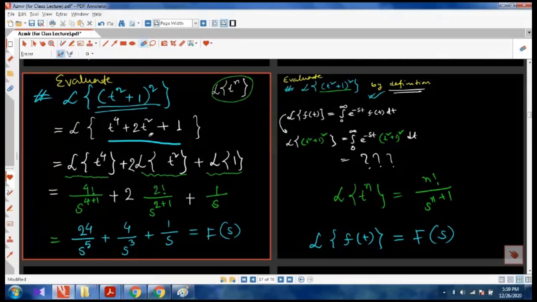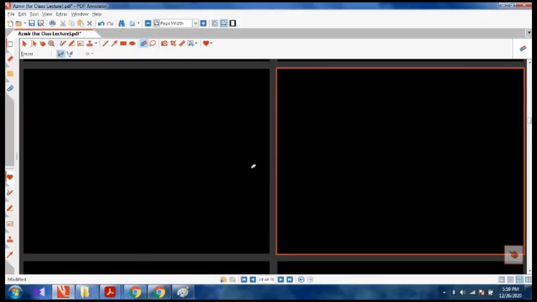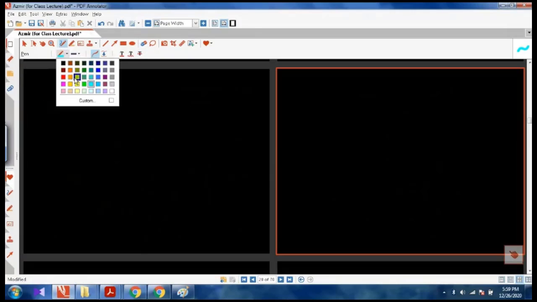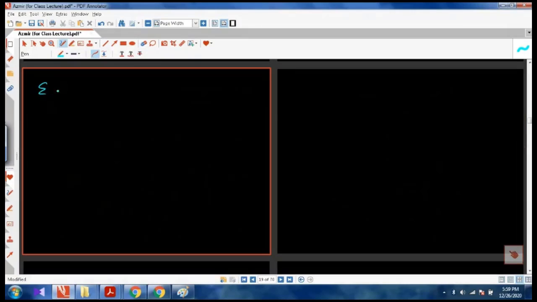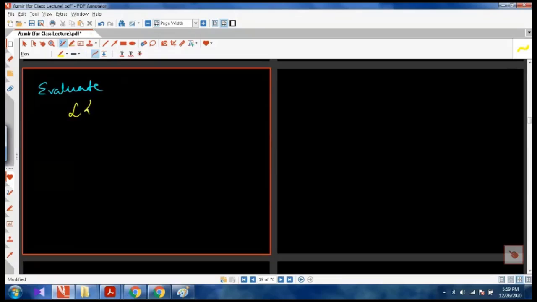So let's solve another problem. Suppose we have to evaluate Laplace transformation of e to the power negative 3t plus 5 cosine t.